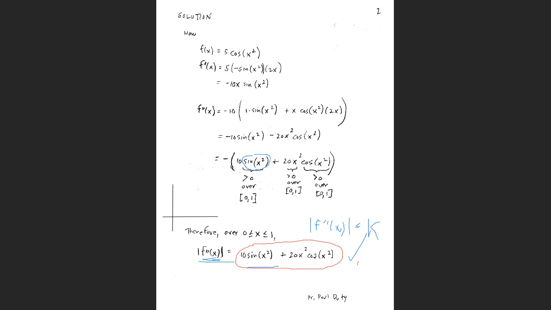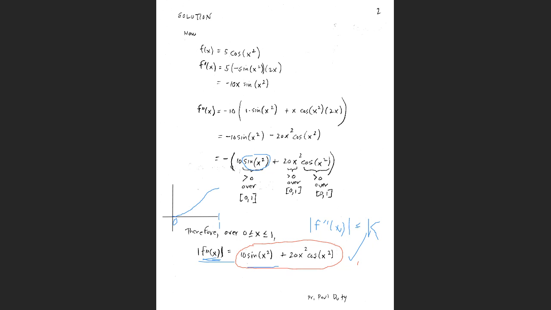Okay, the second derivative, at least on my graph, looks something like this. Here's x equals... it looks something like this. So I guess it is increasing, right?